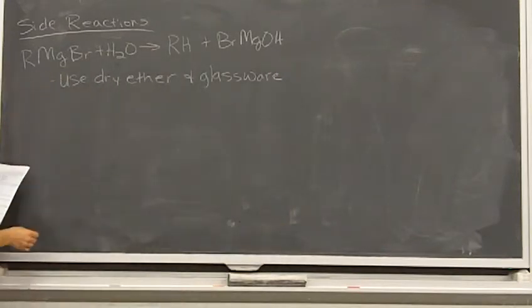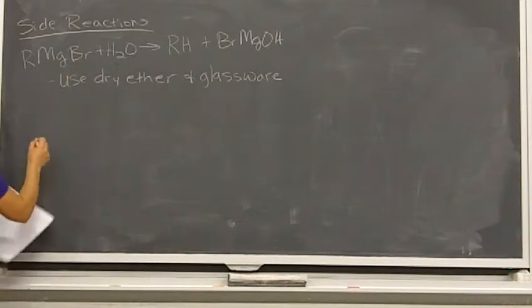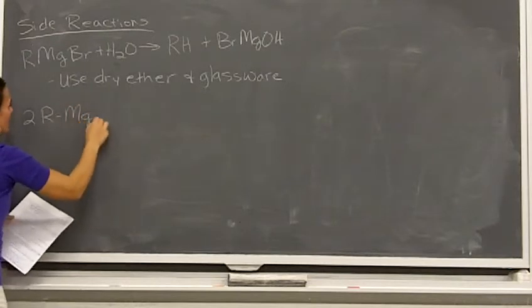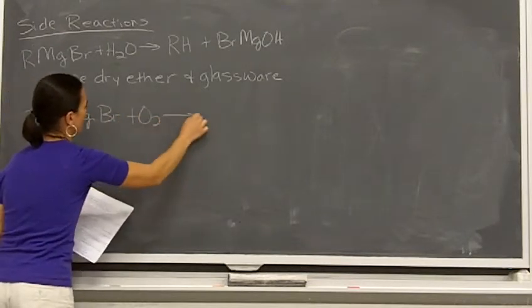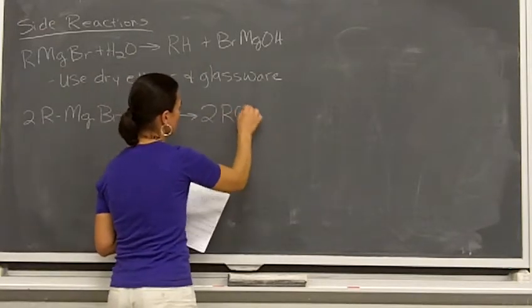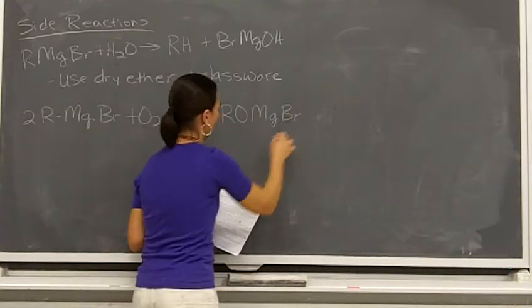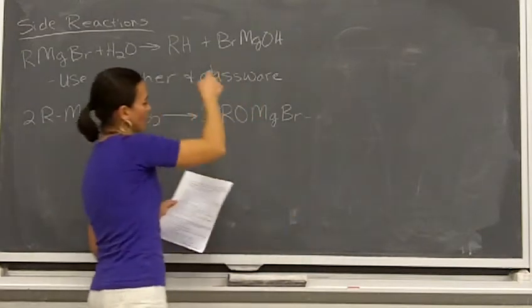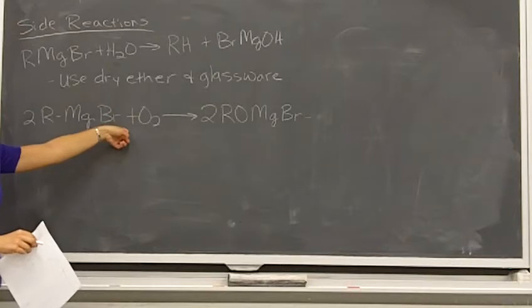Then next thing they can react is we've talked a little bit about keeping oxygen out. So this will look similar to what we want in the Grignard reaction, but we don't want it at this point. And so we're preventing oxygen with the vapor pressure of the ether.